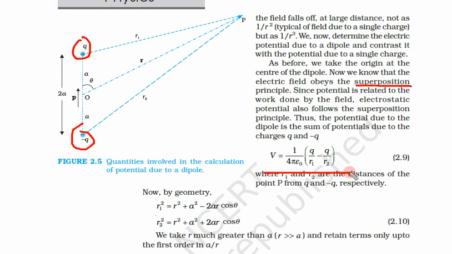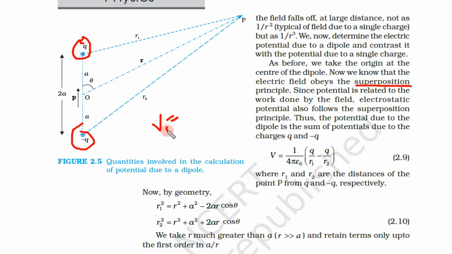So the potential was simply work done divided by the charge. So the potential is 1 upon 4 pi epsilon naught, q upon r1, the distance of this positive charge, minus q upon r2, this is the negative charge, hence it is negative.